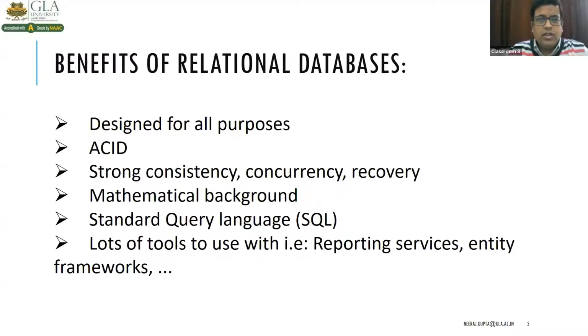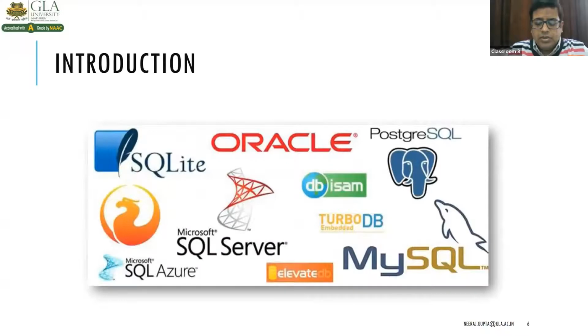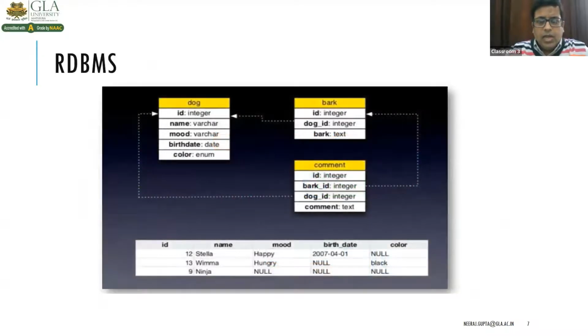All these are benefits of the relational database. Examples are MySQL, SQL Server, SQLite, Oracle. In the RDBMS, the data is stored in the form of tables, and tables are interconnected, right?